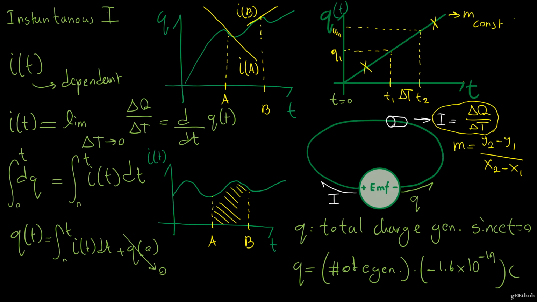So my Q from A to B is equal to the integral from A to B of my I of t dt. So what it's saying is that the opposite is also calculable.